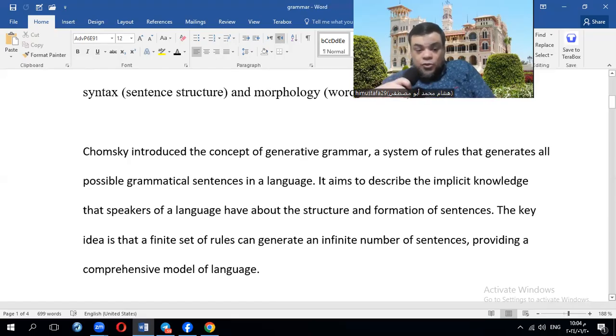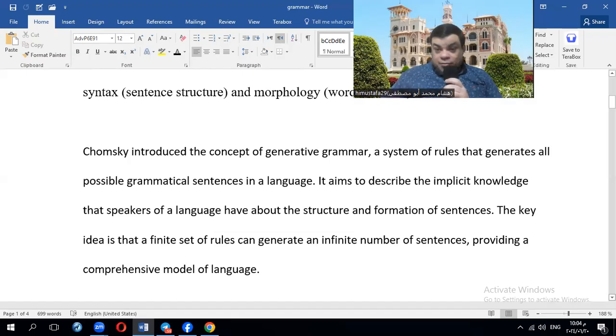So we can describe these rules that give us grammatical structures in a language as it is used by the native speakers, or rather as it should be used by those native speakers, what's called the competence of those speakers.